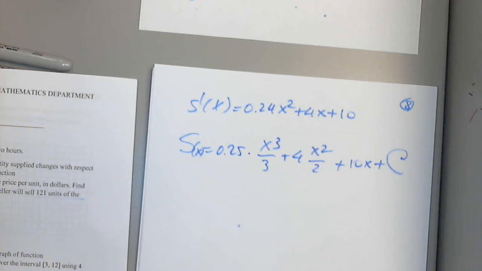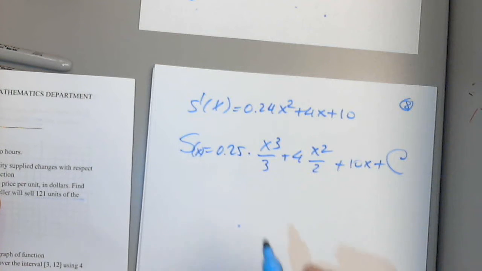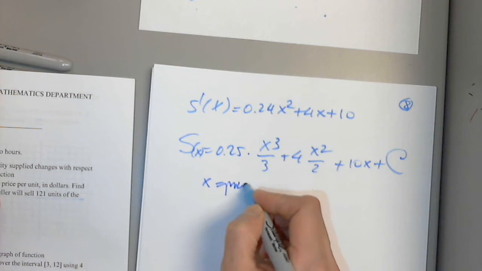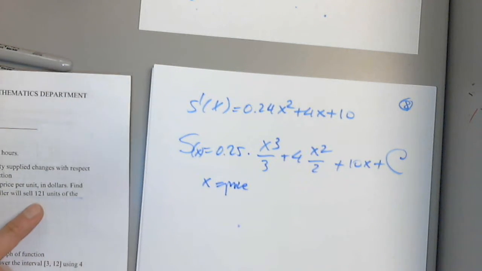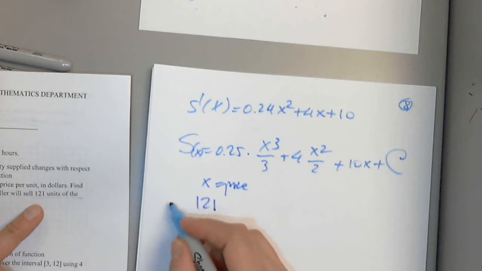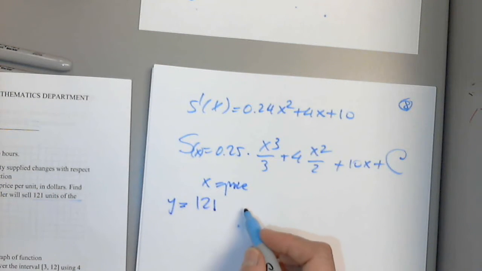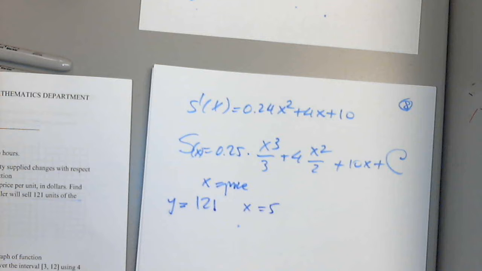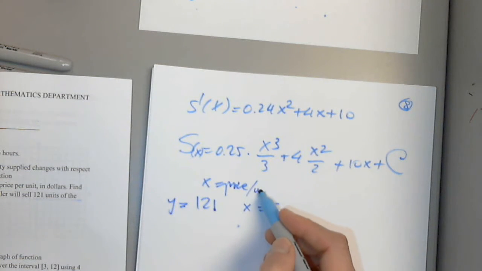But I am told that, remember, x is the price. So they sell 121 units, which is y, when x is 5 per unit, so price per unit.